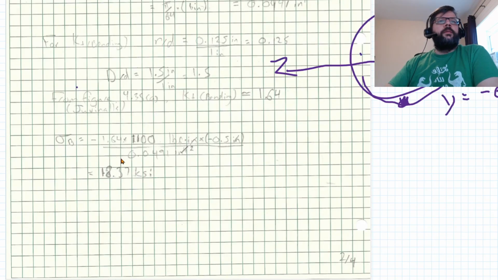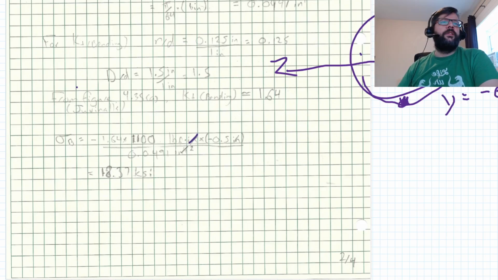And yeah, plug that in there. So our bending stress is negative 1.64 times 1,100 pound force inches times negative 0.5 inches, divided by 0.0491 inches to the fourth.